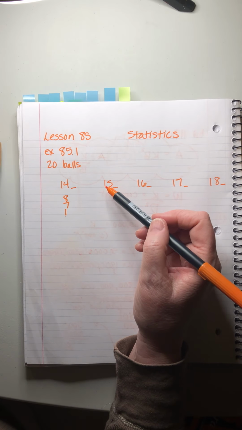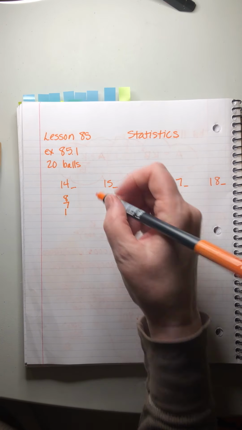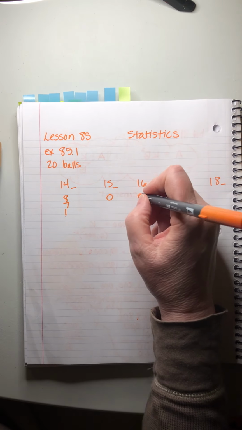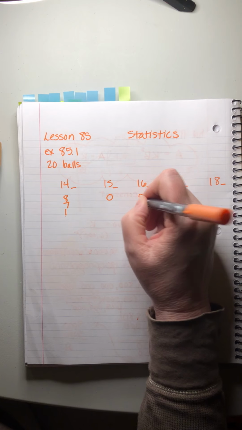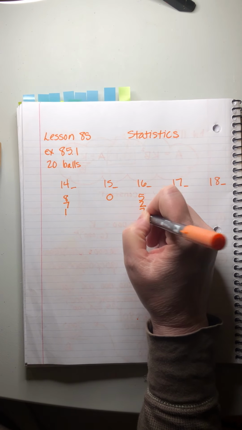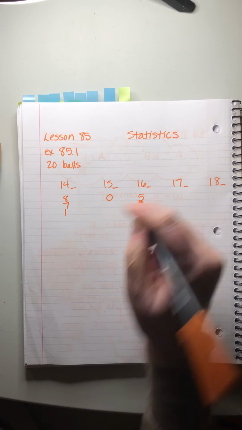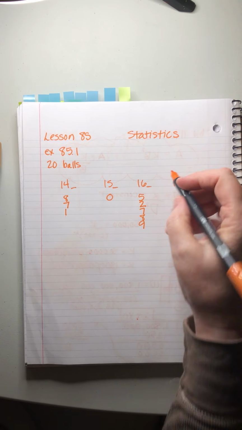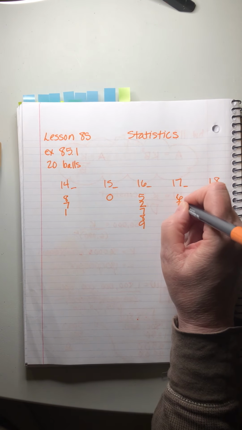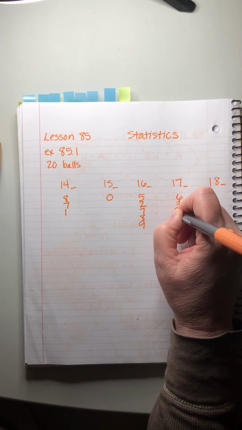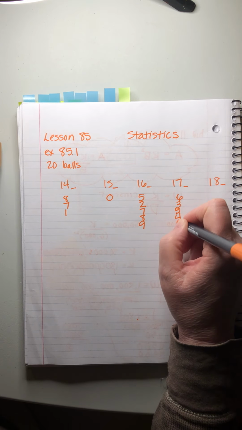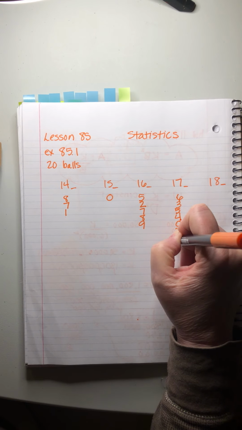In the 150s, the only distance he hit there was 150 exactly. In the 160s, he hit 165, 162, 167, 168, 169. In the 170s, he did a bunch of them. Ready? 160, 176, 173, 175, 174, 170, 172, 173.